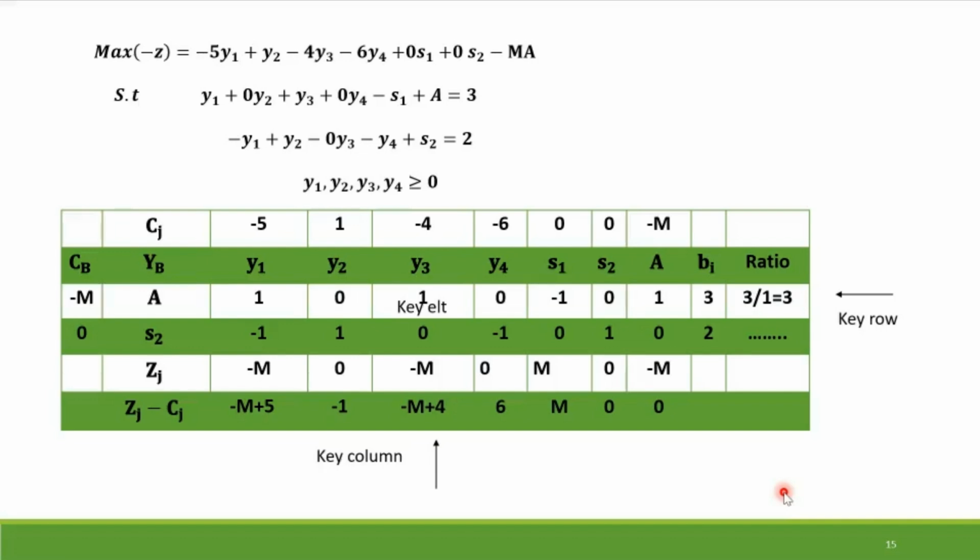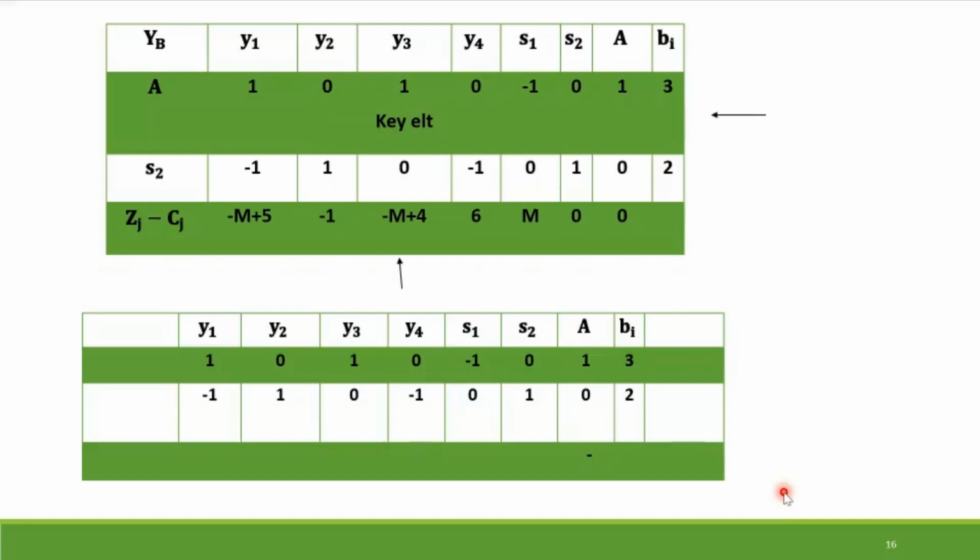I will cancel the Cj row, cb, cb, zj, ratio, and write the next step. This is the key element. Only these many rows are required for calculation. So now this is 1, this is 0. Only this is to be made 0 by using this element 1. So it will be R3 plus m minus 4 R1.